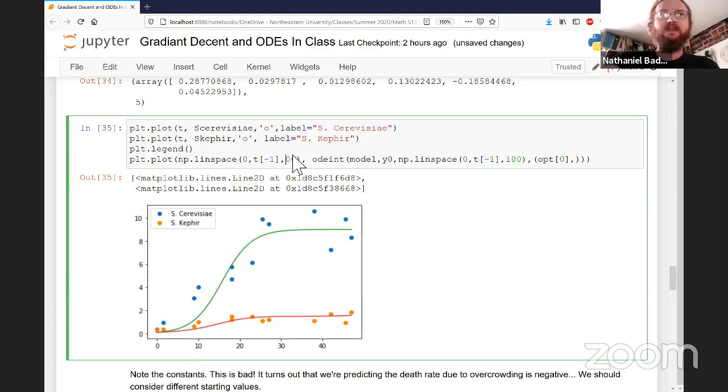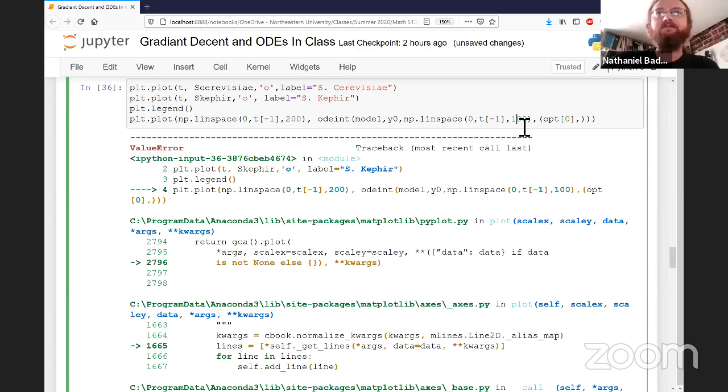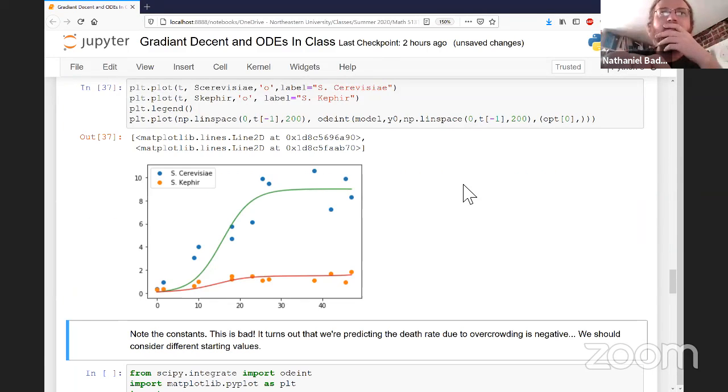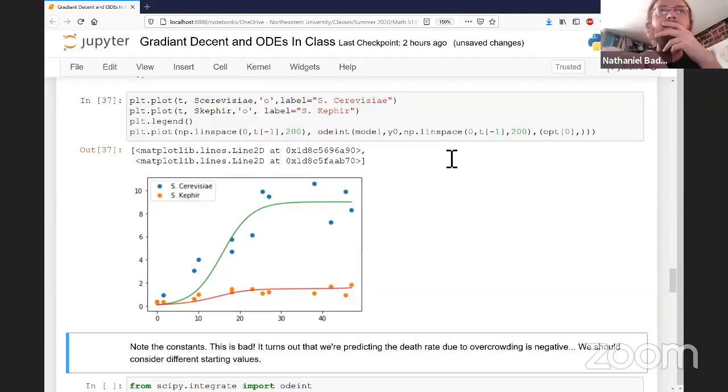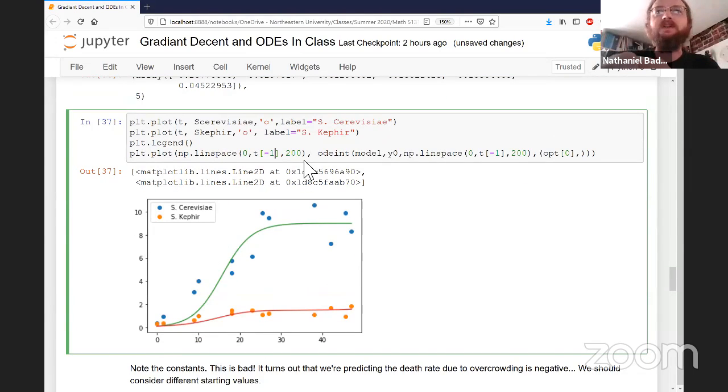And we can even check. I think if we take this out to like 200, I haven't checked this yet. Oh, sorry. Well, if we take this out, np.linspace to 100, I think we'll start to see some bad behavior.